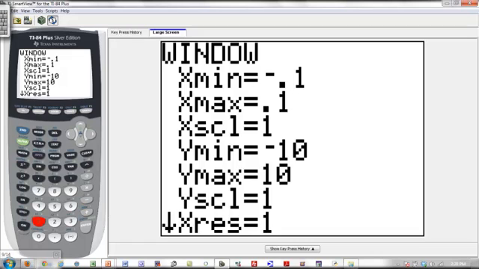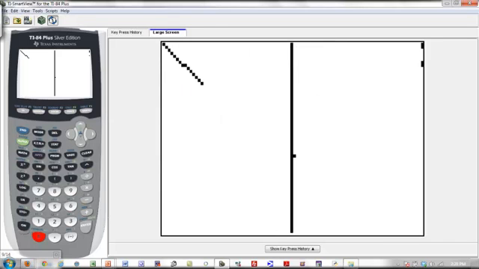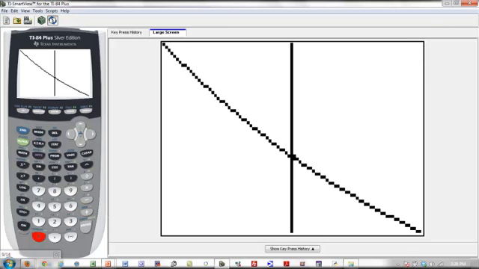And then what I'm going to do is zoom fit. I just discovered this earlier today. If you set up the x boundaries, then it'll only set the y values so that the graph will fit in there.